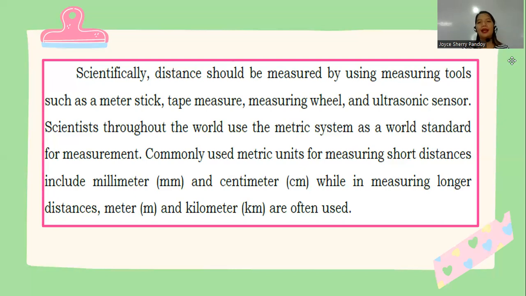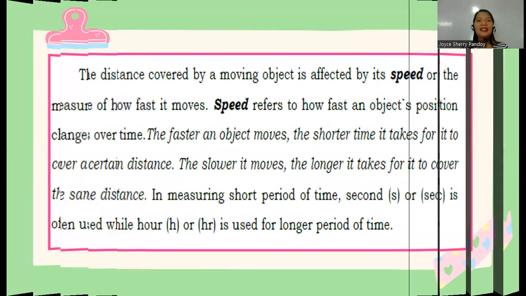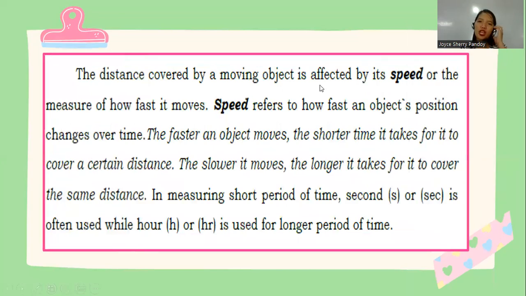Next. The distance covered by a moving object is affected by its speed. So naana po'y laing naka-apekto, naana po tayo laing term na i-learn this time. And it is speed or the measure of how fast it moves. Unsa ka kusgon iyang pagliho.